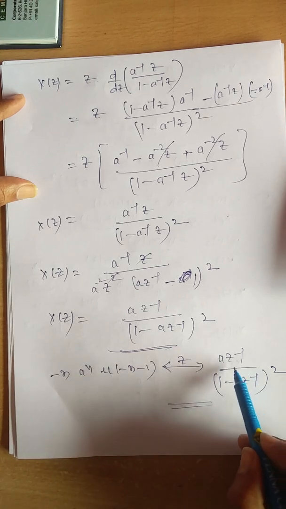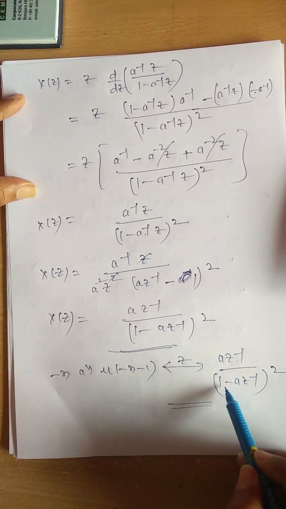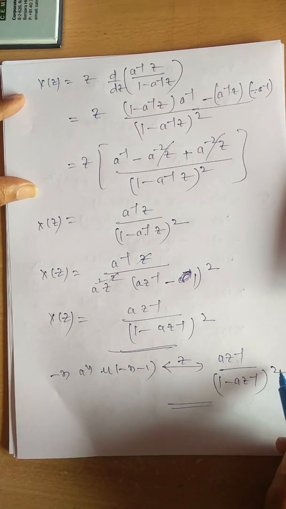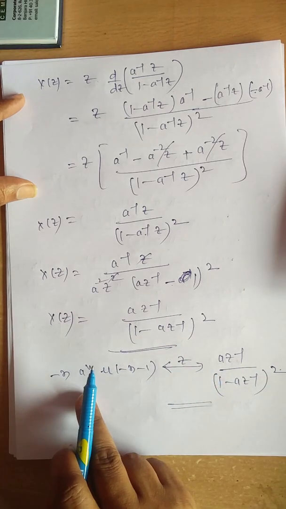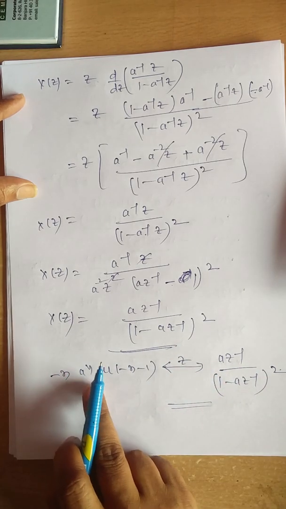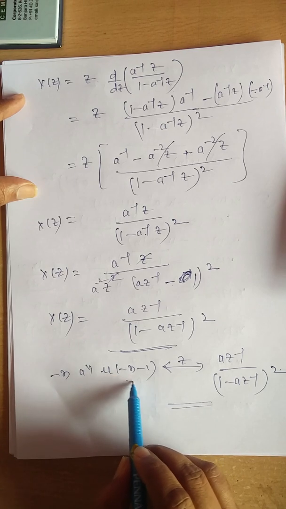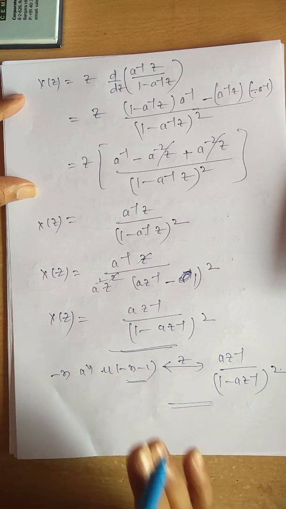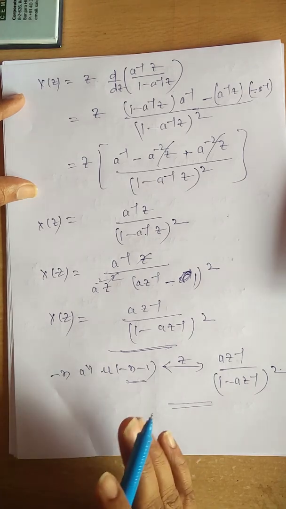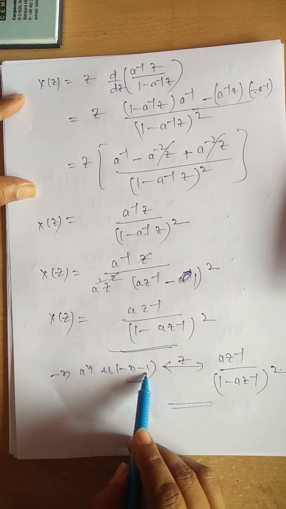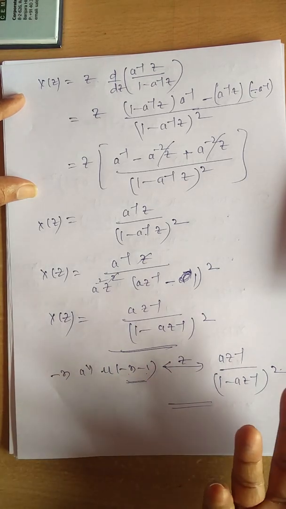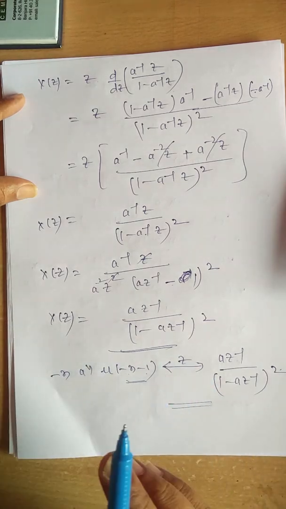When you have an x of z equal to a z inverse divided by 1 minus a z inverse whole square, then its inverse Z transformation is minus n into a to the power of n into u of minus n minus 1. When you have a left-handed sequence, we have to express that in terms of u of minus n minus 1. When you have a right-sided sequence, you should express that in terms of u of n.